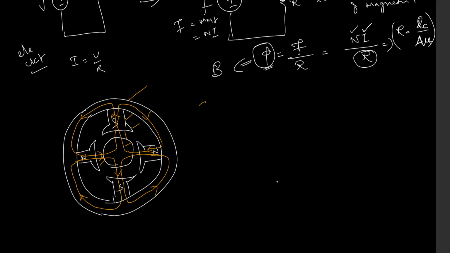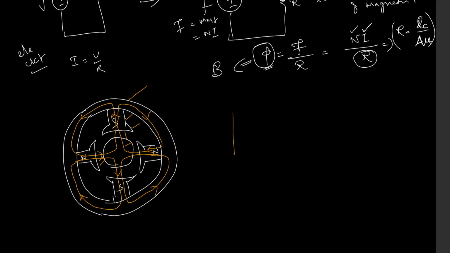So this flux has so many paths. Earlier I showed a single core, where the flux flows in a single core. Now what is happening here? There are so many mediums, right? Let me draw that.